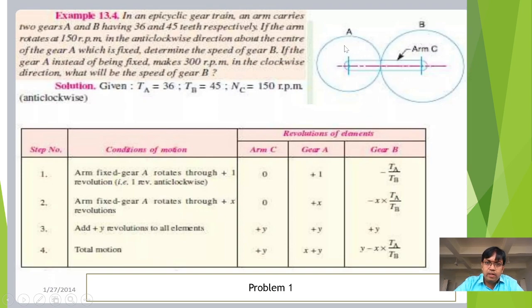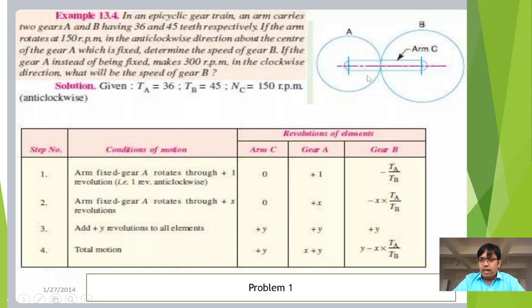Either you fix A and calculate the number of revolutions for arm C and B, or you fix gear B and calculate the revolutions of arm C and A, or you fix the arm, then you can easily calculate the number of revolutions of gear A and gear B.